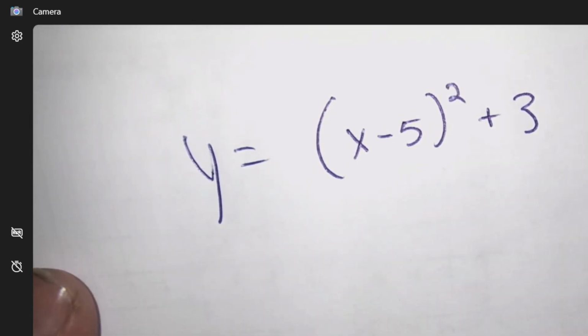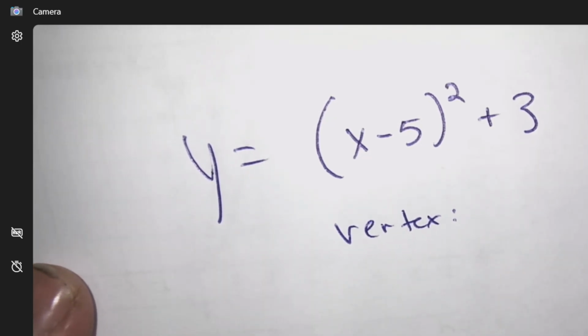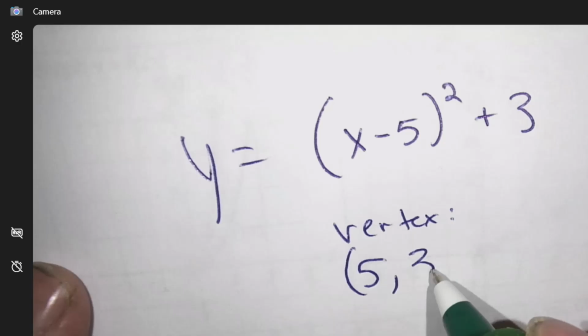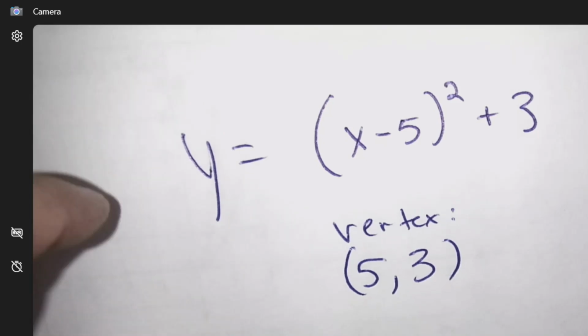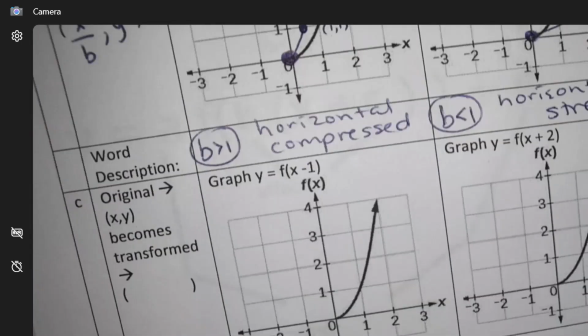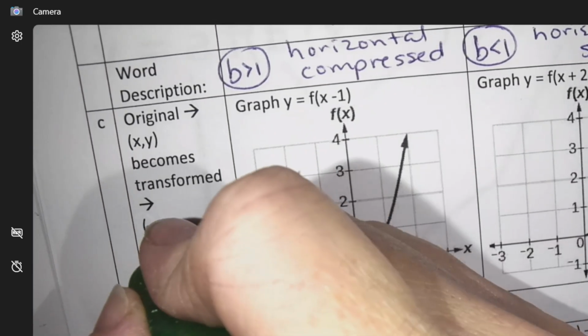Where was the vertex? Do you remember how you did the vertex? +5, +3. It moved right 5, up 3. Okay, that's what you did in grade 11. So this is going to look like this.